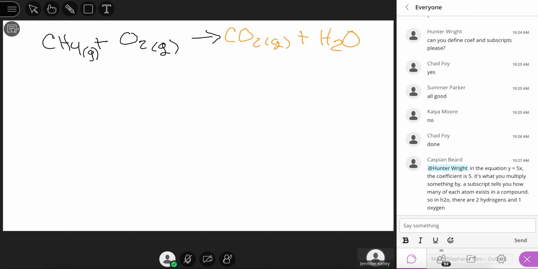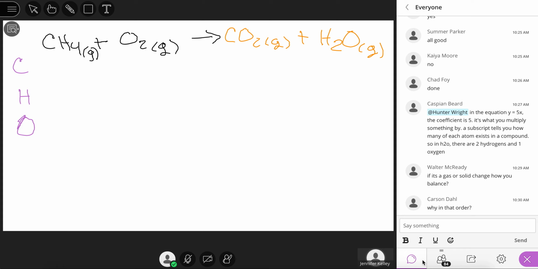So first thing that we're going to do, the only way that I can really explain it, and it's not a good explanation, is that when you do it in this order, it balances quicker. Part of the reason is because of this O2 here.